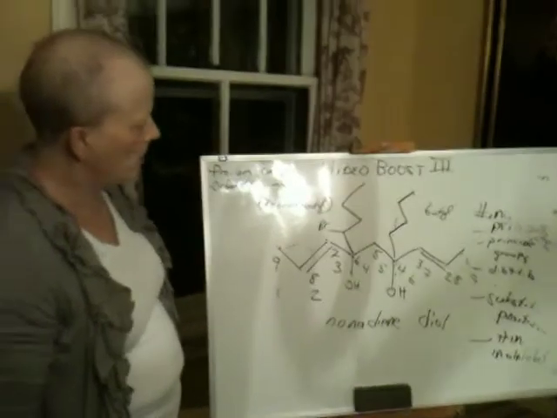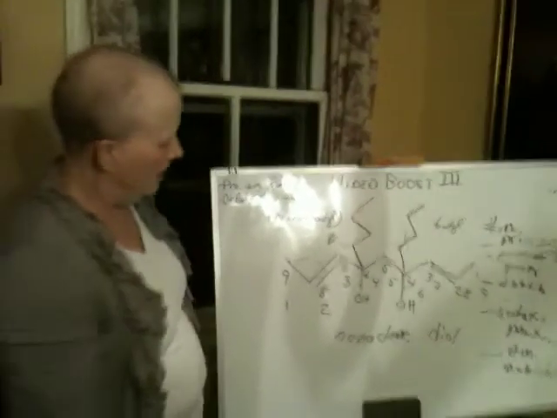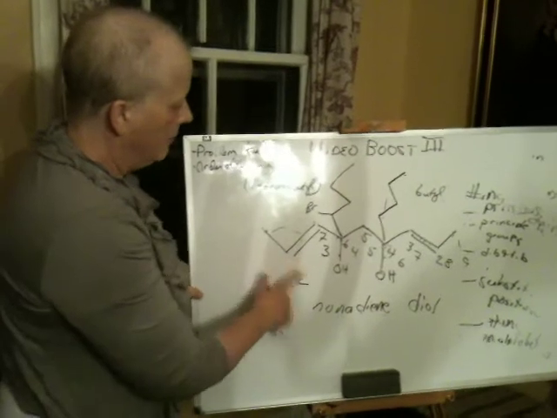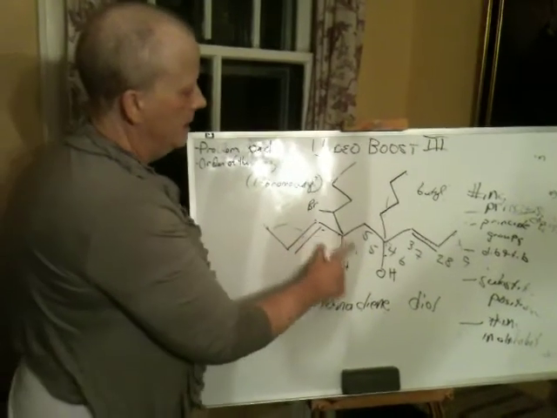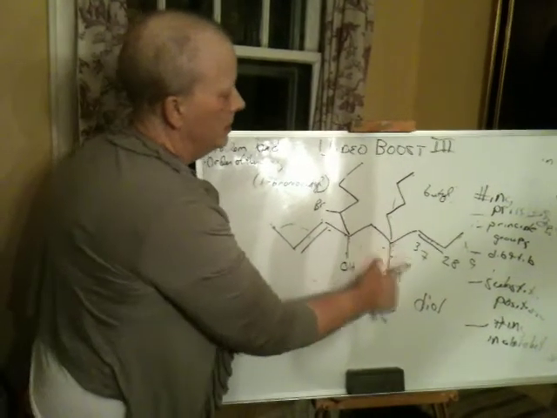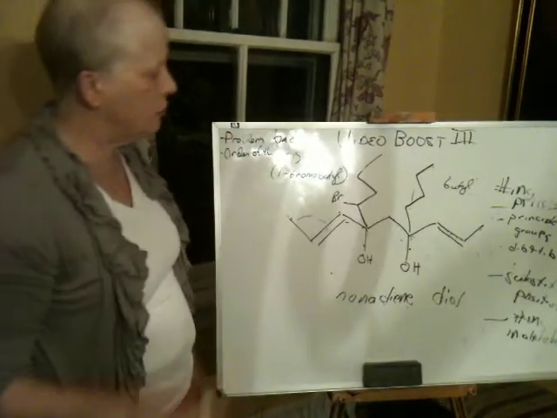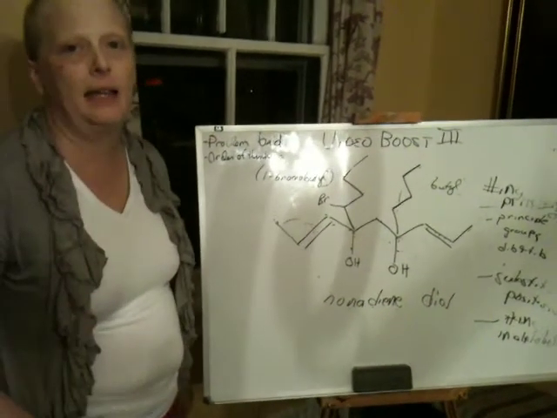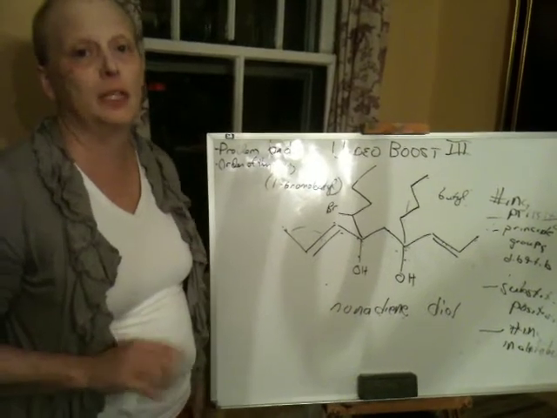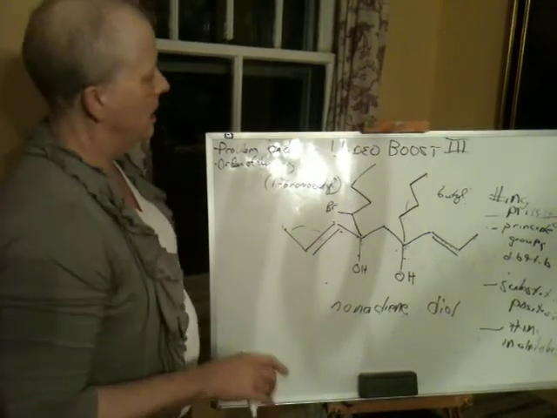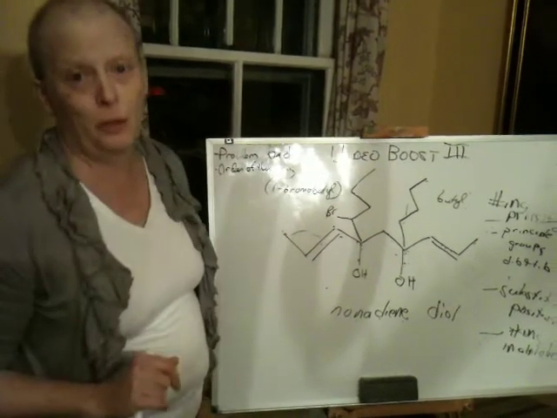So what do I do now? It has tied at the level of the alcohol. It has tied at the level of the double bond. It has tied at the level of the substituent, but it did not tie at the level of alphabetizing, which it should not. Okay? If it does, it doesn't matter which way you name it.